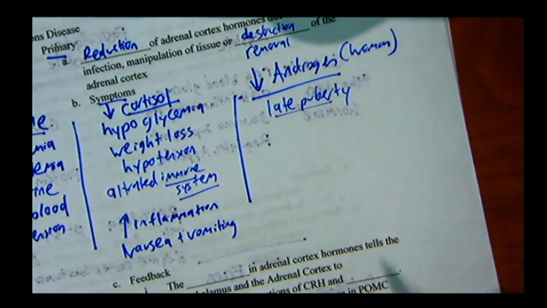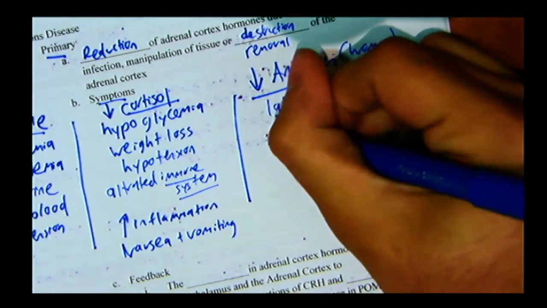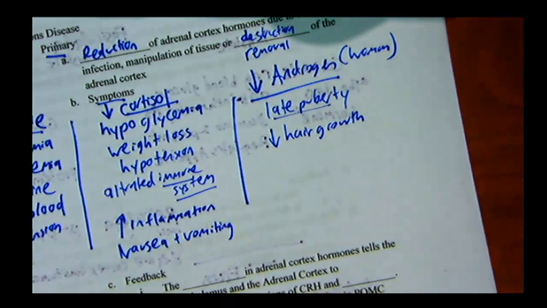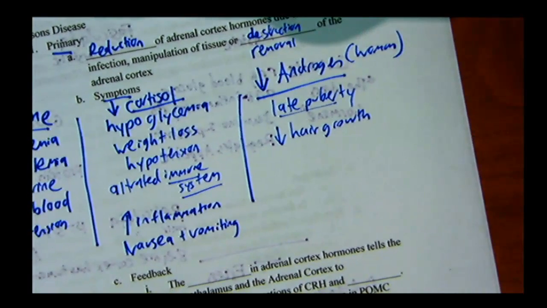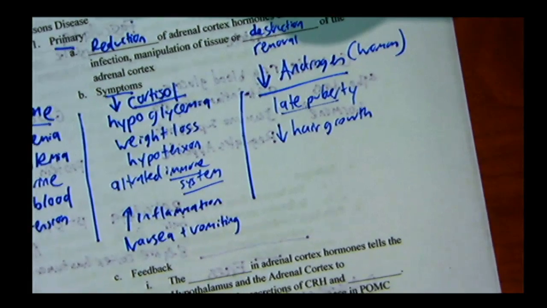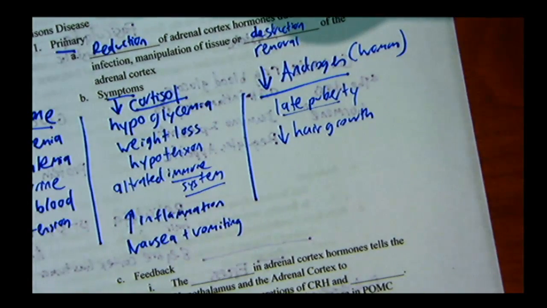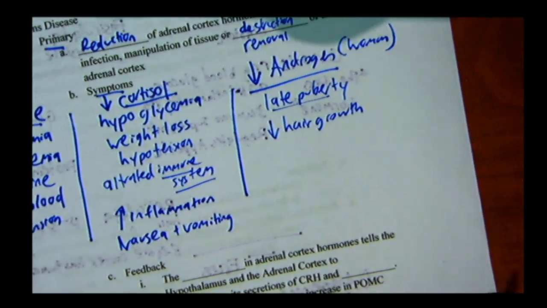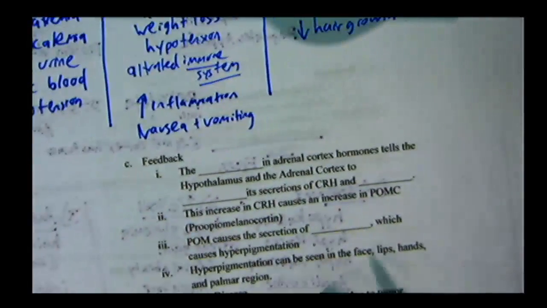You'd have very low hair growth. I'm not sure if she said this in class, but does it affect menstruation at all? No? Okay. You don't know? Does anyone know? No? Okay. If she didn't focus on it, then it's not that important. Let me know if you find out otherwise.